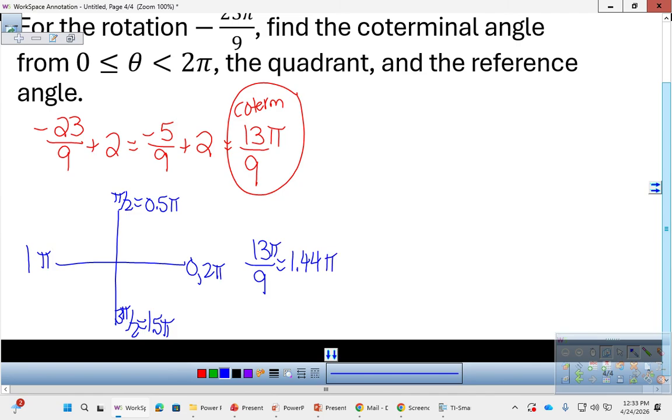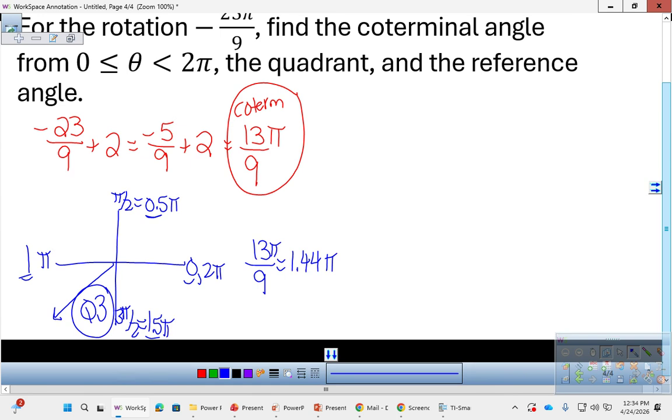Well, let's think about where 1.44 falls. 1.44 is not between 0 and 0.5. It's not between 0.5 and 1. It is between 1 and 1.5, right? 1.4 is somewhere between 1 and 1.5. So 1.44 is going to be somewhere here in quadrant 3.